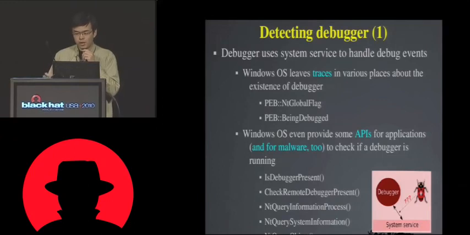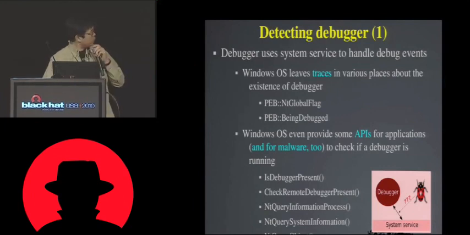The PEB has two flags, NtGlobalFlag and BeingDebugged flag. These flags mean the process is debugged or monitored. Windows also offers some APIs to check the flags, so malware can use these APIs to check whether it is being debugged. Here is a list of Windows 32 APIs.